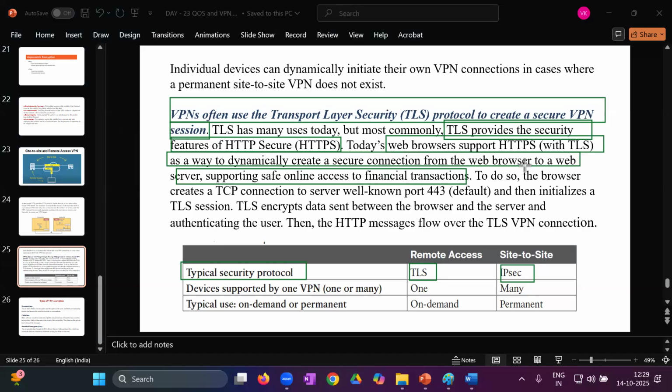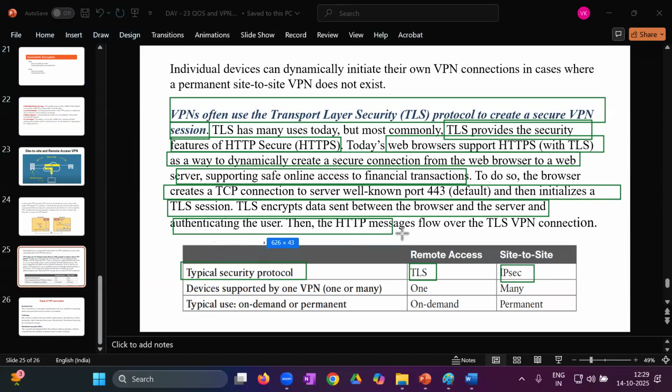To do so, the browser creates a TCP connection to a server, well-known port number 443 by default, and then initializes a TLS session. TLS encrypts data sent between the web browser and the server, and authenticates the users. Then HTTP messages flow over the TLS VPN connection. So HTTPS is secure with the help of TLS, Transport Layer Security.